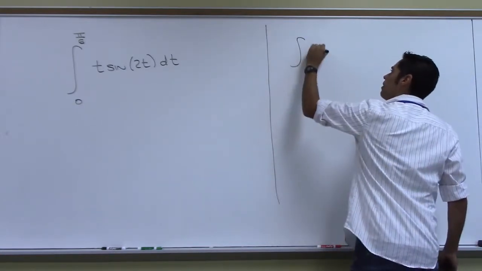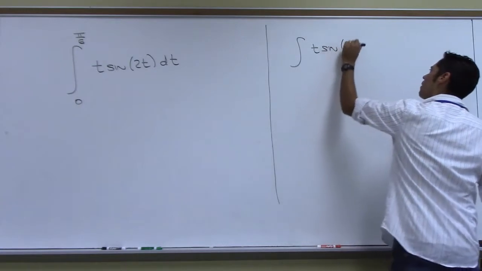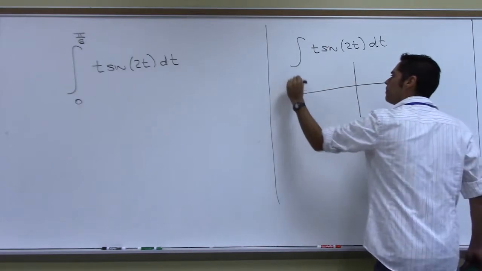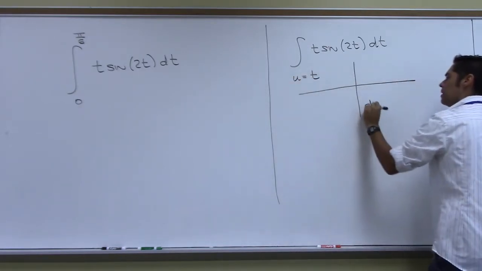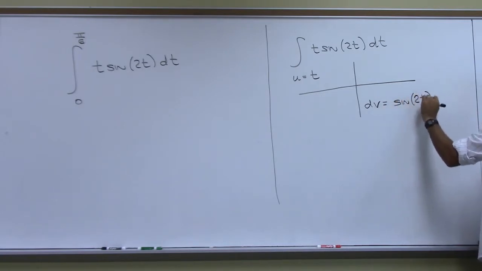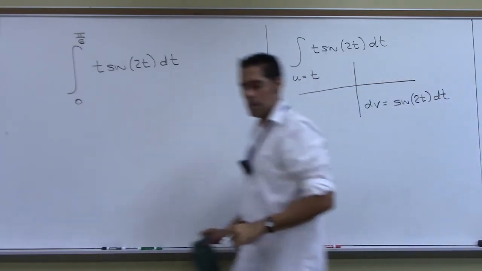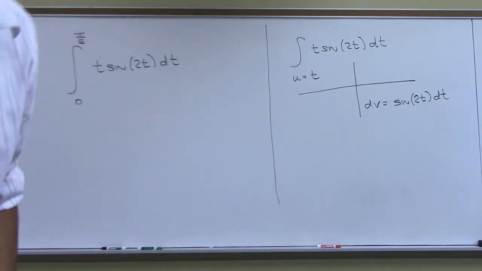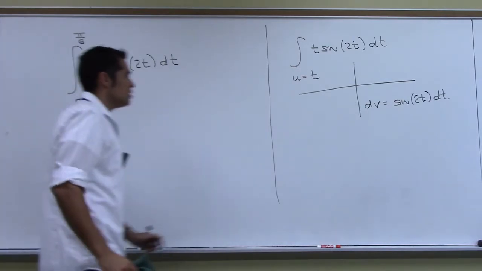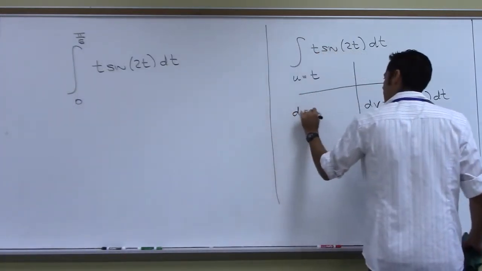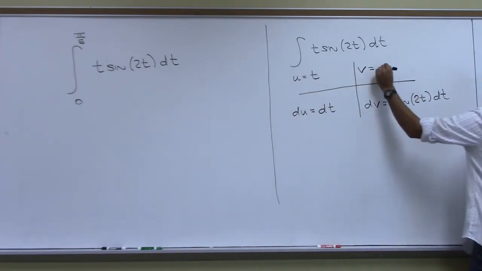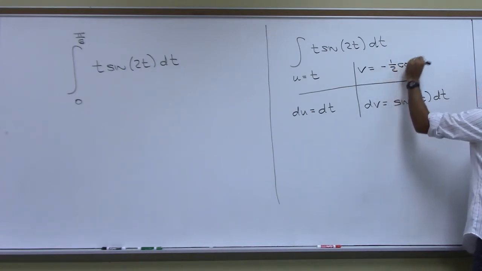So I'm going to set it up over here. u will be what? t. dv will be sine 2t dt. Then du is dt, and v is negative 1/2 cosine 2t.